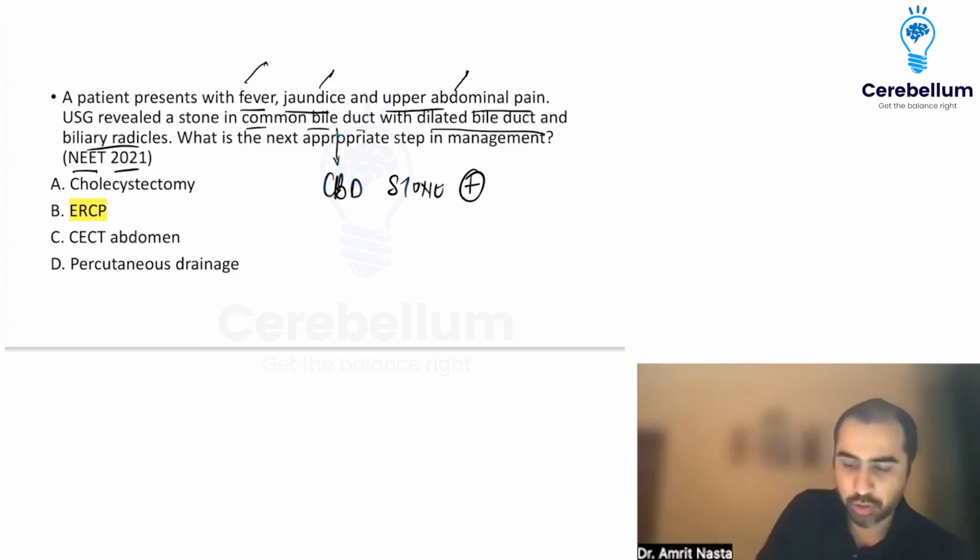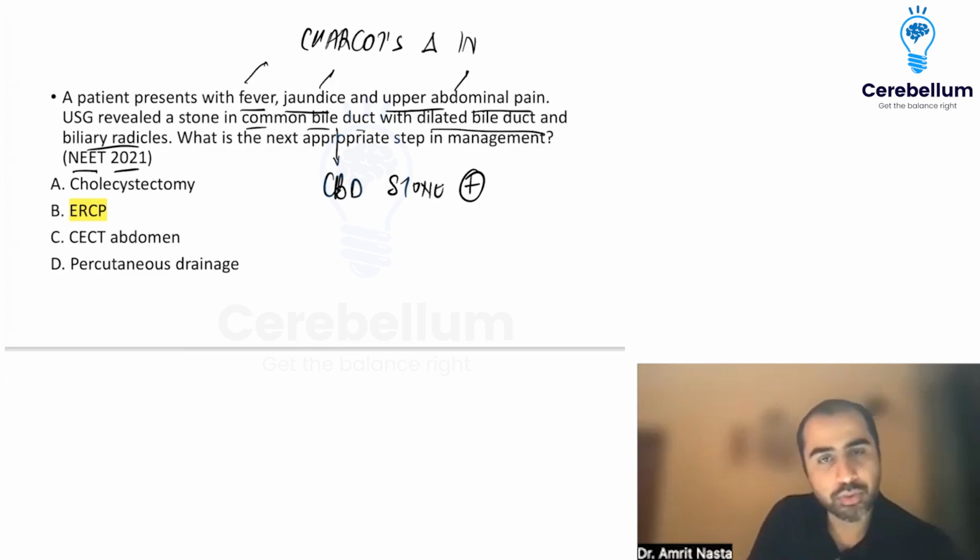Yeah, this is Charcot's triad, which is seen in cholangitis, not cholecystitis.